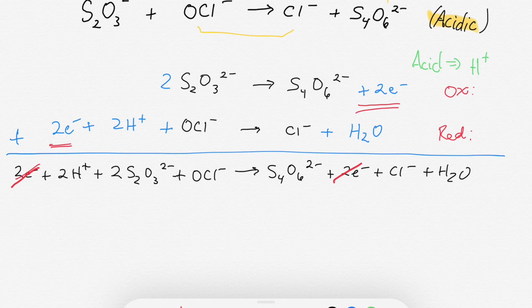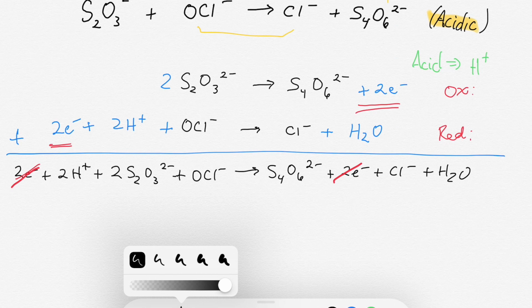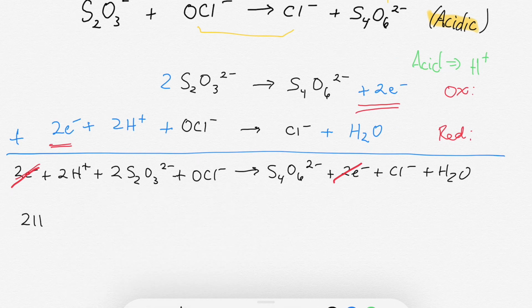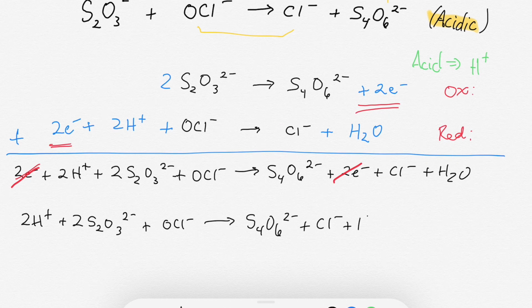And it doesn't appear that anyone else cancels, which means that we can now finally write our balanced redox reaction, which is 2H plus, 2 S2O3 2 minus, this is technically the thiosulfate ion, there we go, I had a brain fart there, plus the hypochlorite ion to form S4O6 2 minus, plus our chloride ion, plus water.